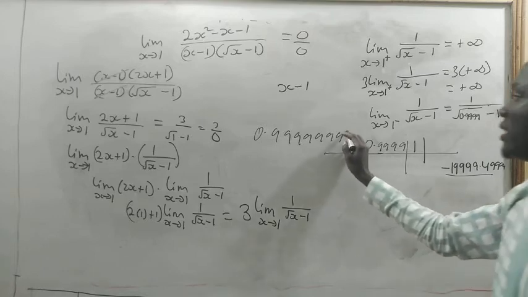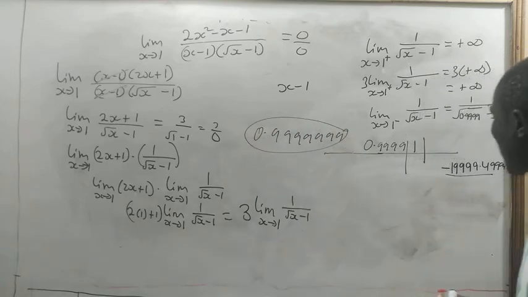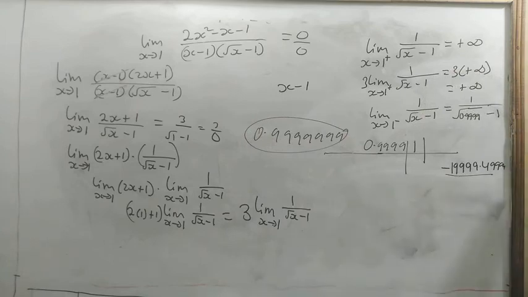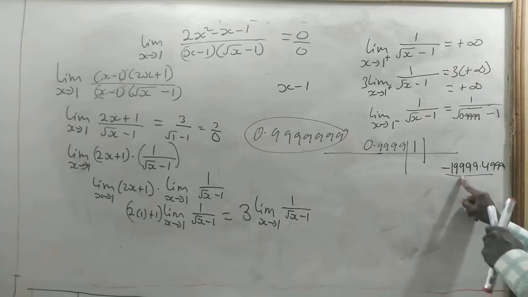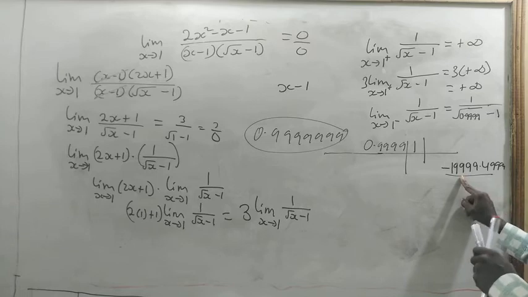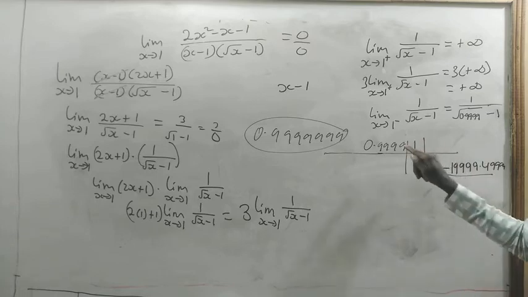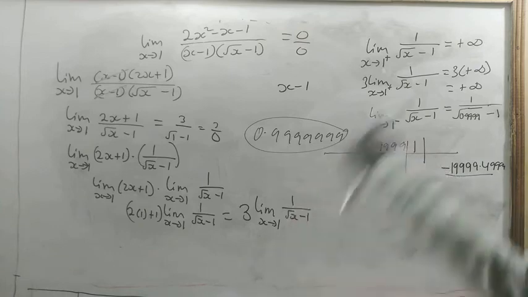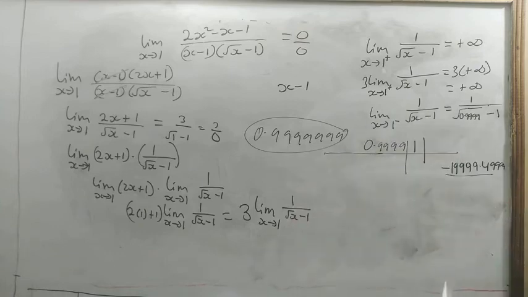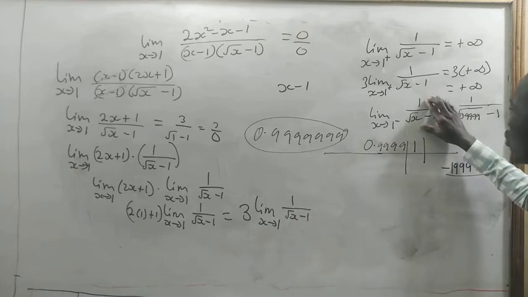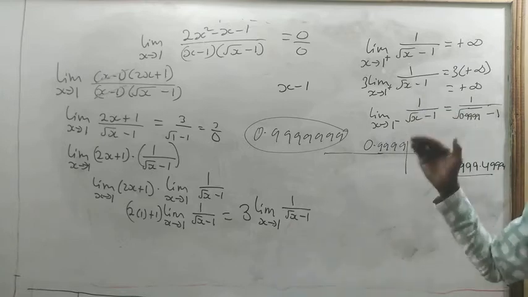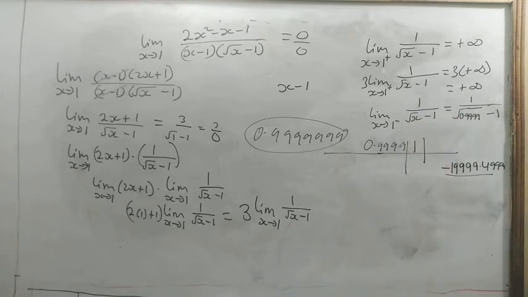So if you put in this, it means that you get a very large negative number, larger or greater than this one. So it means that as x approaches positive 1 from the left hand side, the value of the function will decrease without bound to negative large numbers.